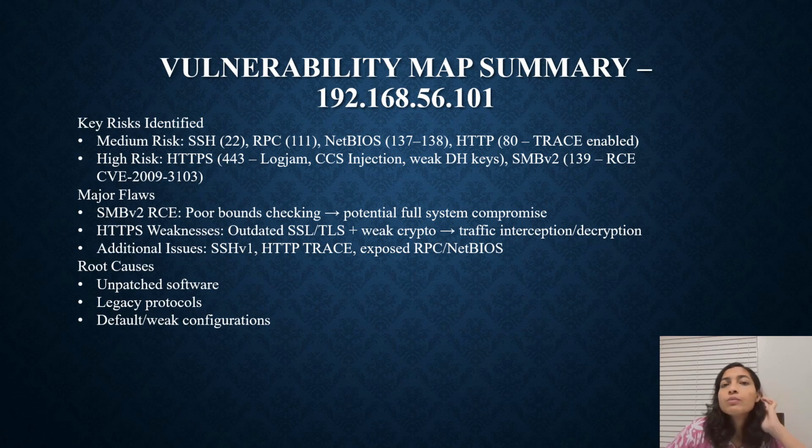All of these flaws come down to the same root causes: unpatched software, legacy protocols, and default configurations that were never hardened. Together, they leave the system highly susceptible to attacks.